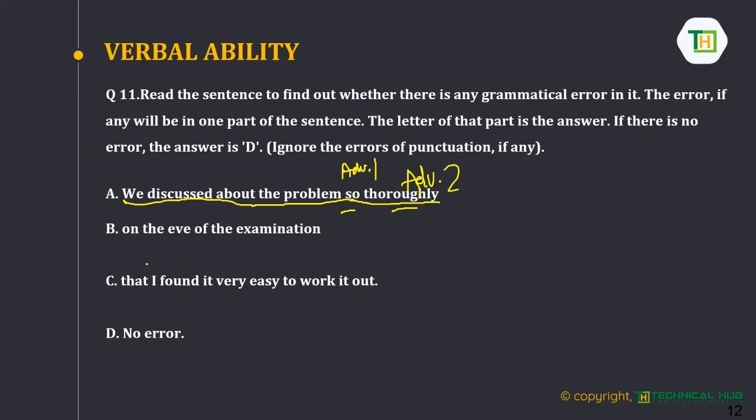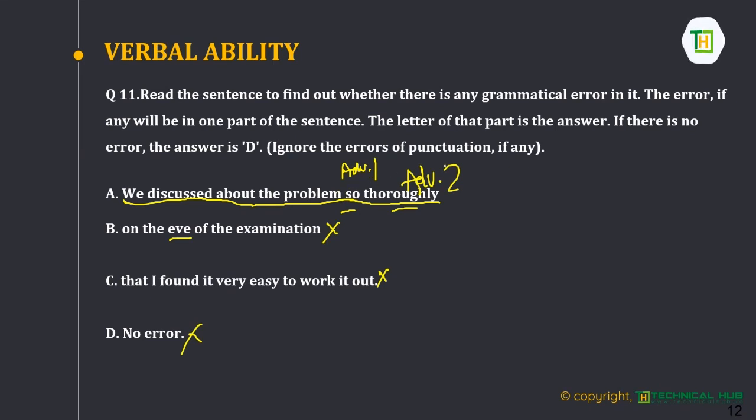Let us see. On the eve of the examination, okay, there is no error in it. Then, that I found it very easy to work it out. There is no error in it. Okay, so no error would not come, because already we found they have used double adverbs here.